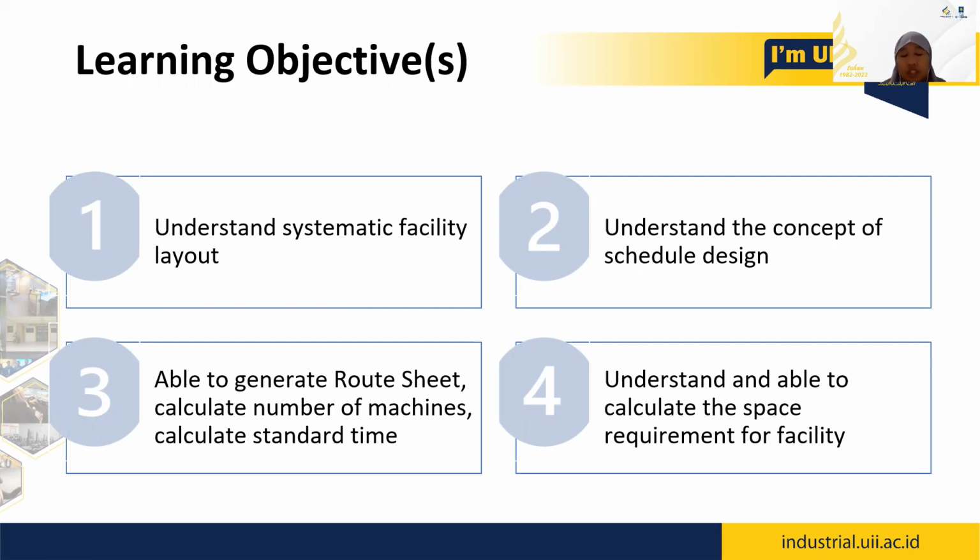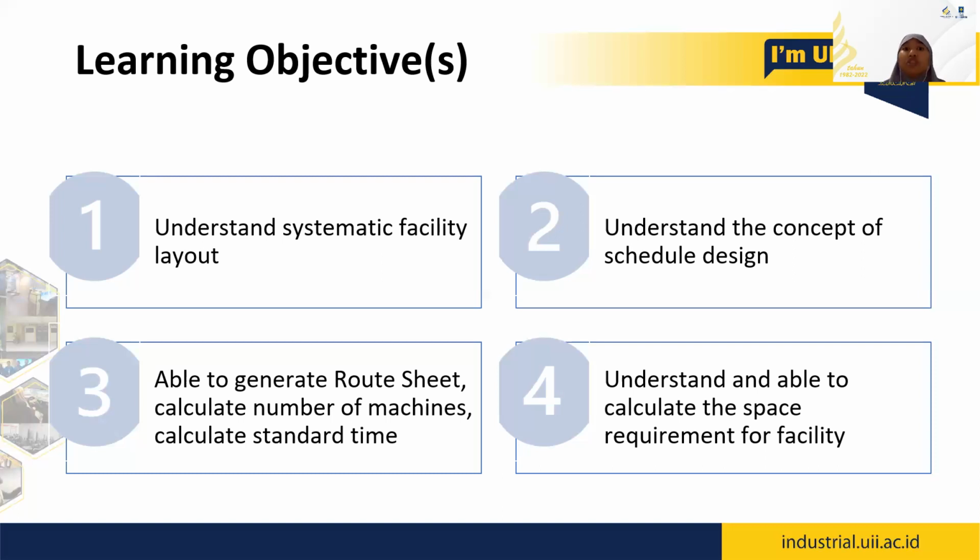Okay, so not only machinery, but also the tools. And once we are able to do that, we basically should be able also to generate the route sheet. And from there, we can match it up with the demand and then calculate the required number of the machine.